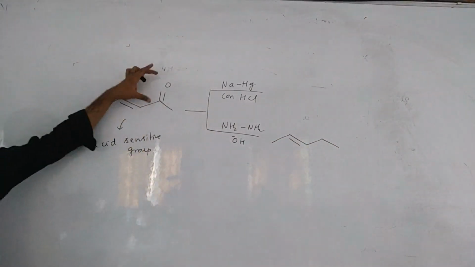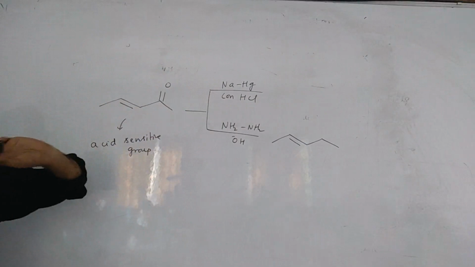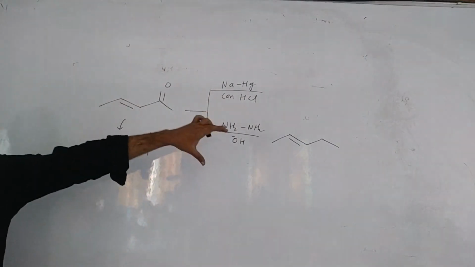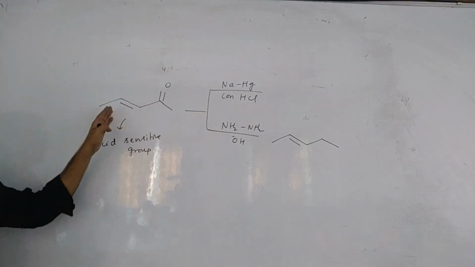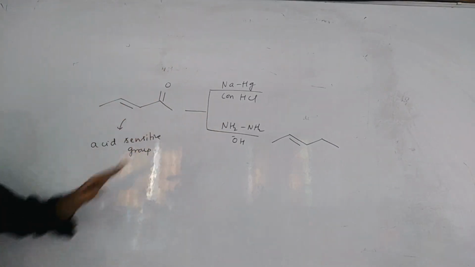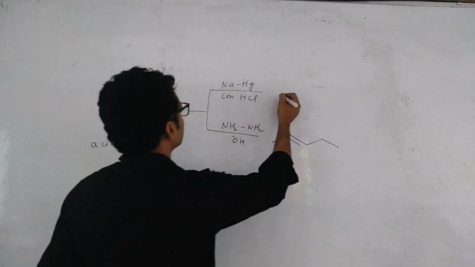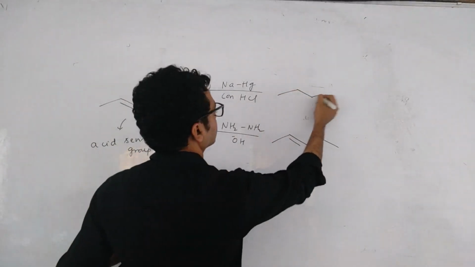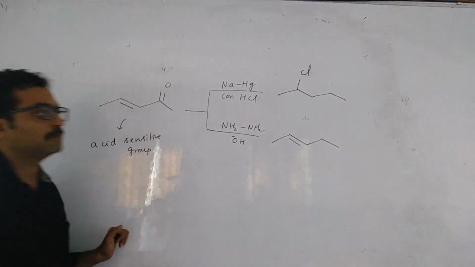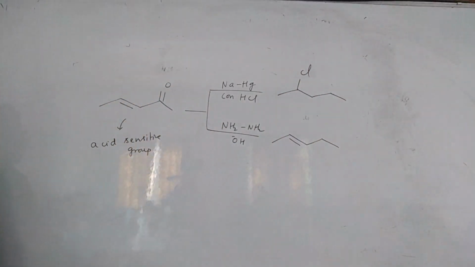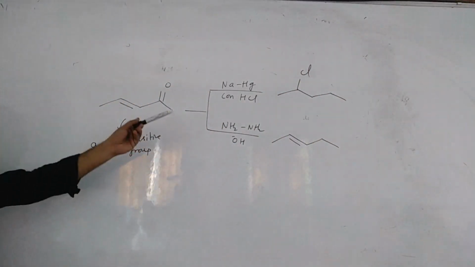Only the carbonyl C=O becomes CH2, children. This will become CH2 and this is unaffected in Wolff-Kishner. But if you do this, then this also will be reduced and this also will be reduced, meaning both are affected. Understanding?